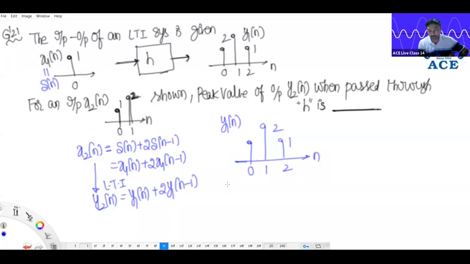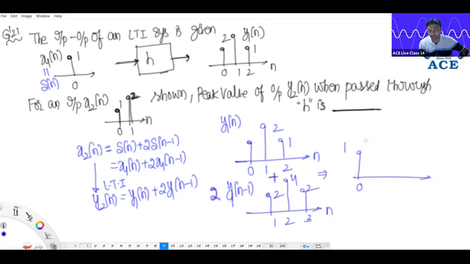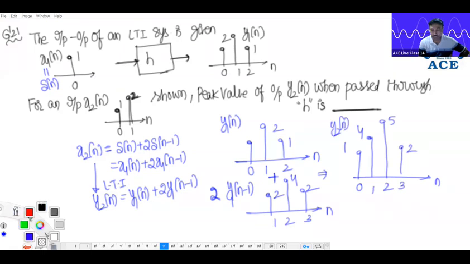That must be added to y1[n-1], means first right shift. Two times, we want the amplitude changed. After doing addition, at 0 the answer is 1. At 1, the answer becomes 4. At 2, it changes to 5. This is y2[n]. So what is the maximum value we got, sir? When it is passed through the system, it is 5.